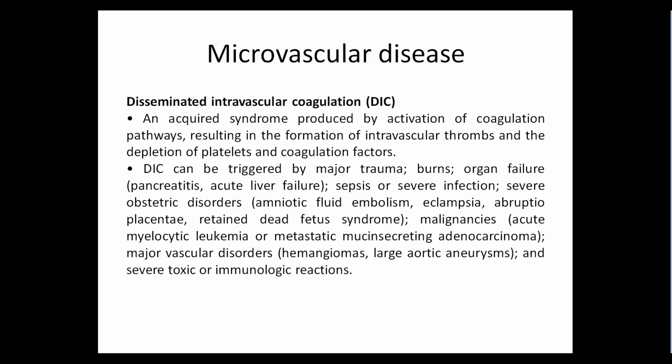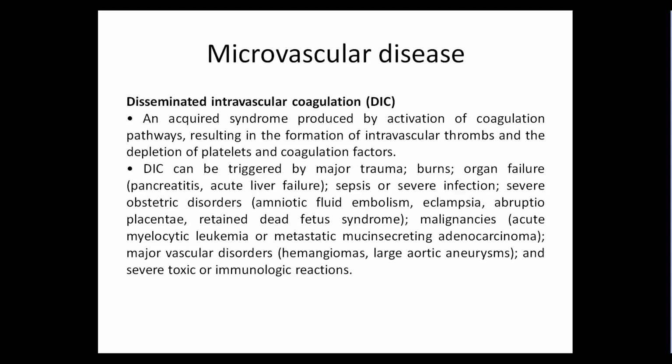Disseminated intravascular coagulation, an acquired syndrome produced by activation of coagulation pathways, resulting in the formation of intravascular thrombosis and the depletion of platelets and coagulation factors.